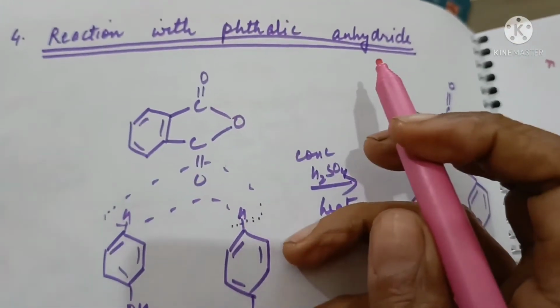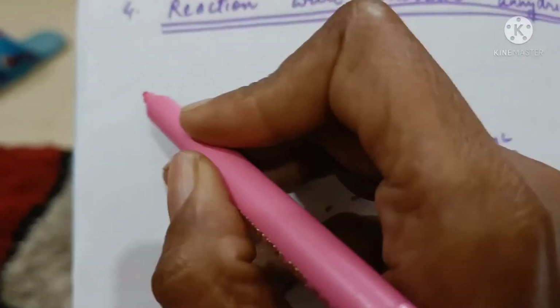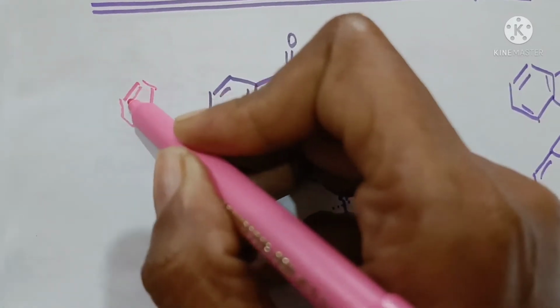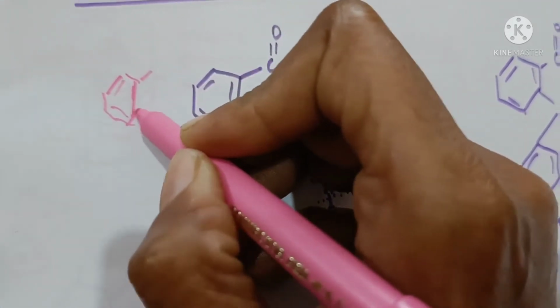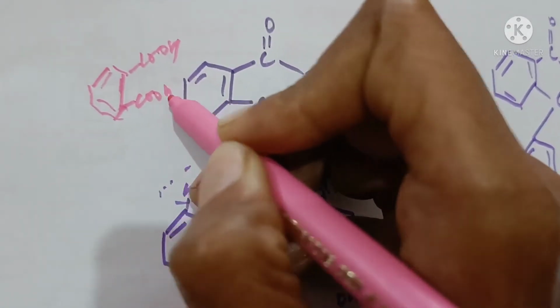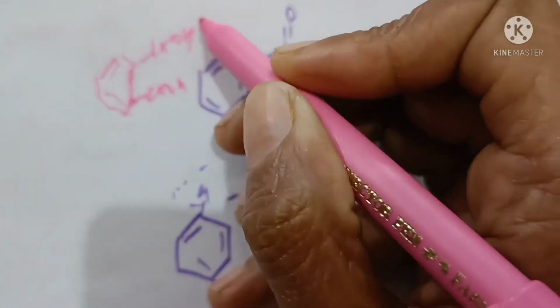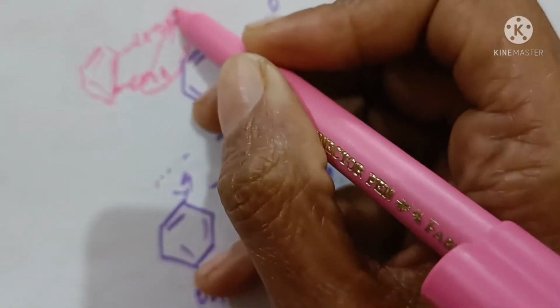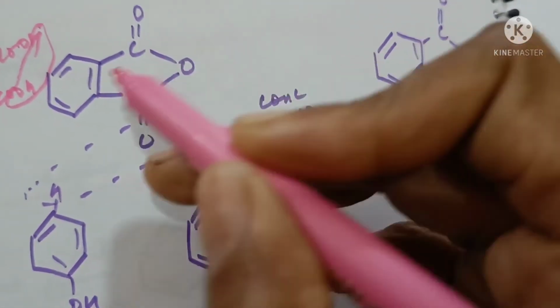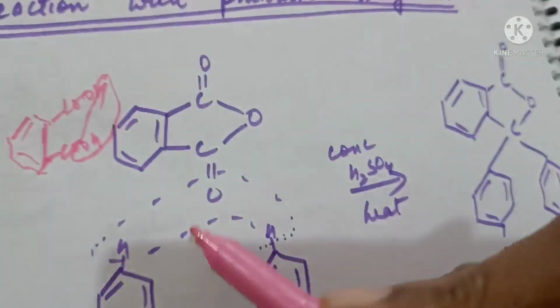Reaction with phthalic anhydride. So you see phthalic acid, in phthalic acid there are 2 COOH groups at ortho position, and when they combine with each other to remove water, this product is formed which is called phthalic anhydride, meaning phthalic acid minus water.